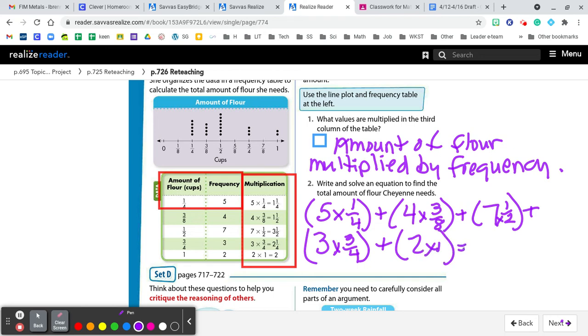And they have it all there for you. So you can also just go through and add the totals right here, and you're going to wind up with 10 1/2. So I'd say 2, 4, plus 3 is 7, 8, 9, plus 1/2 and 1/2 is 10, plus 1/4 and 1/4 is 1/2, so 10 1/2.